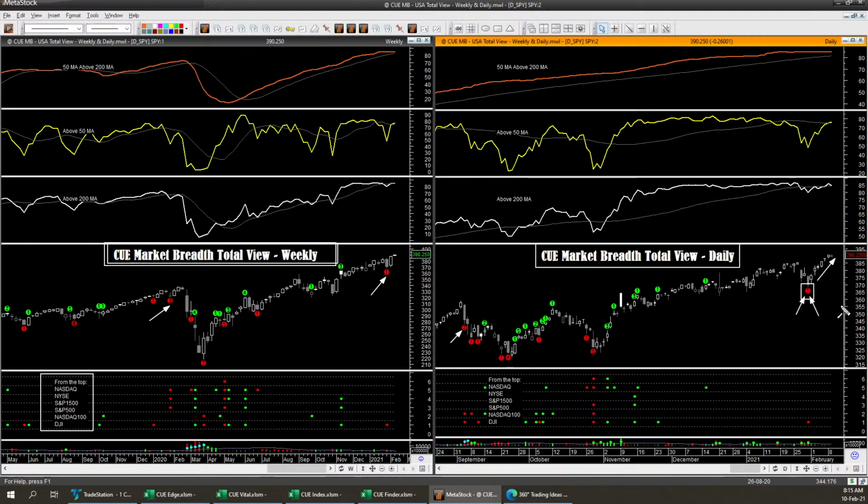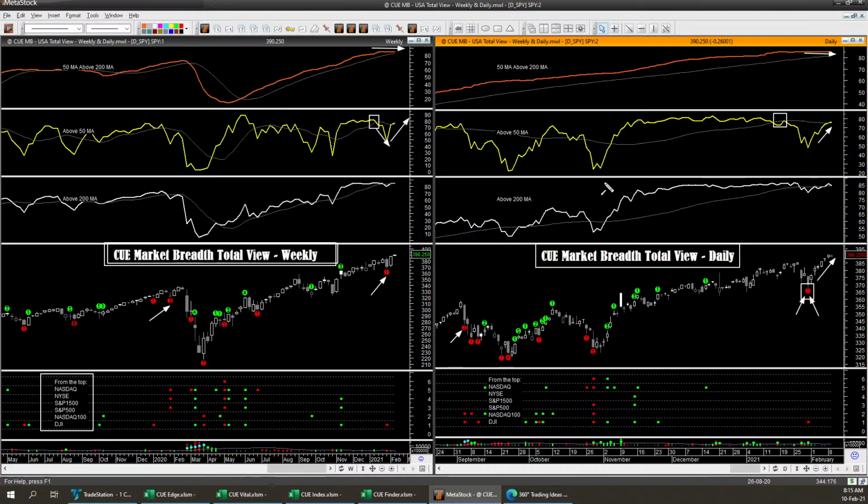Now if we look at the percentage calculation for the 6 indices together, the percentage of stocks with 50 MA above 200 MA is continuing to be bullish. Percentage of stocks above 50 MA rolled over but recovered, both for weekly and daily, unlike the major indices.